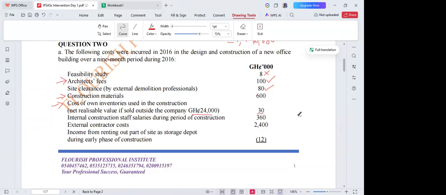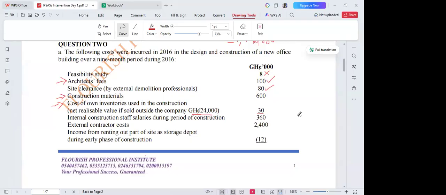24,000. Why? Because that's the net realizable value. And so why are you not going for the cost, but you're going for the net realizable value? Lower of cost. Yeah, because of the measurement rule, lower of cost and net realizable value.